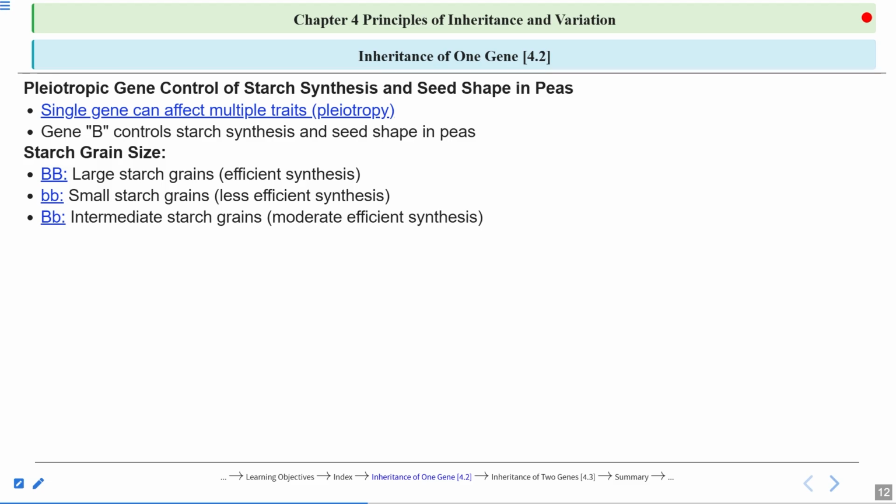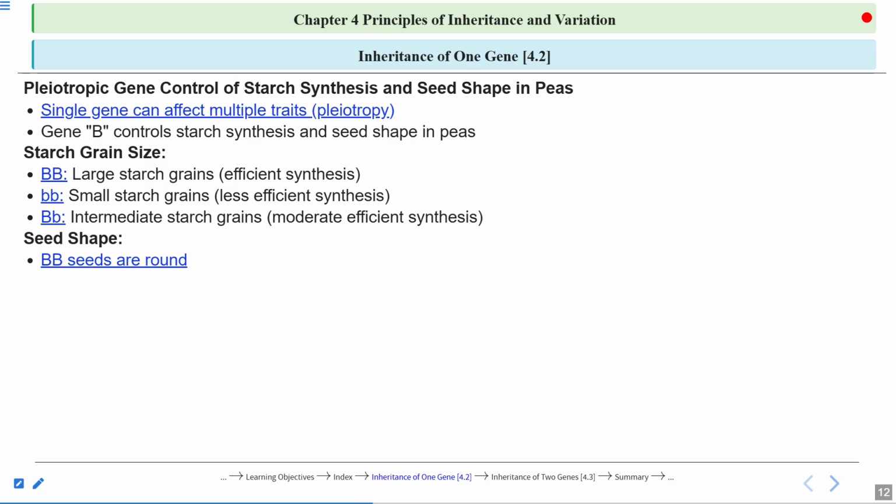So first keep this in mind. These are the phenotypes shown for the genotypes. Remember this, in the heterozygous condition, intermediate starch grains are produced. So this should be the example of what? We will discuss it.